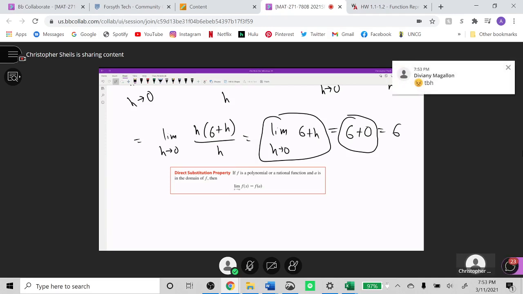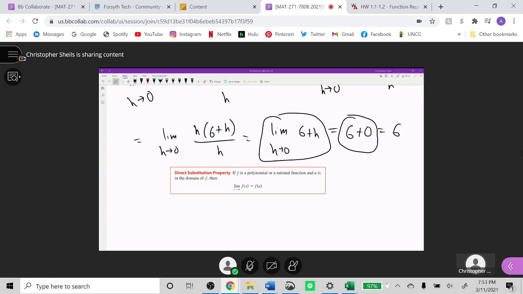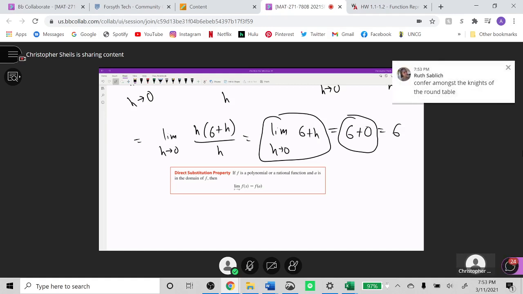I'll ask my colleagues about this. I'll send an email out and I'll see if I can figure this out. Because I do want for you to have unlimited attempts if I can give them to you. So I'll see if I can figure it out.